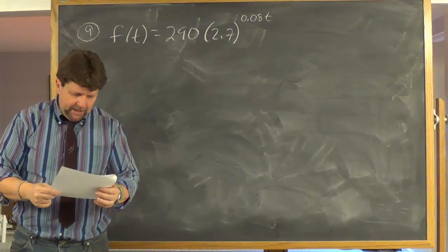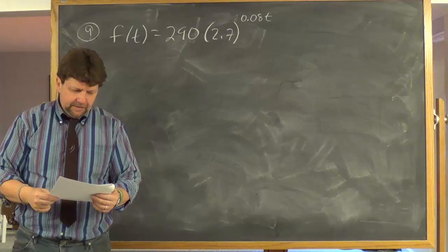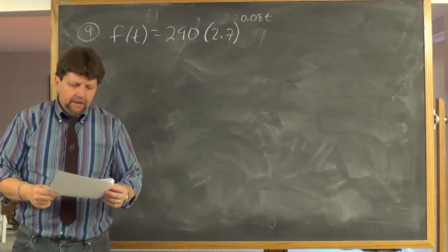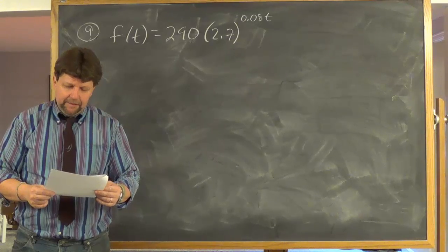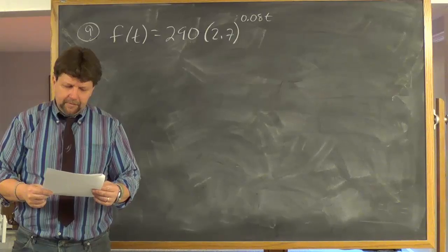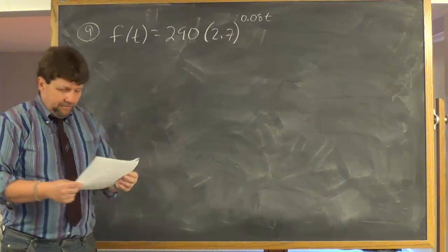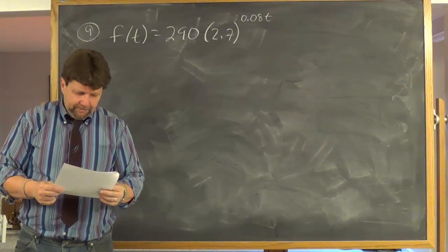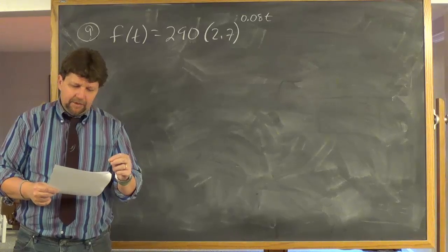Hey folks, here in number 9, I guess we're dealing with some rabbits. It says a rabbit population of a certain forested area grows at a rate of 8% monthly. In September, there were 290 rabbits, and the population can be modeled by this function. And you're asked to determine how many rabbits should be expected by next September.